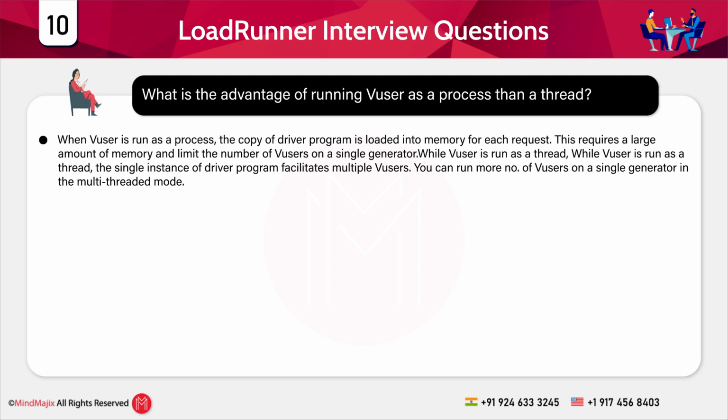So the machine in which the load generator is installed is going to use disk space for storing it temporarily. Read and write operations will happen, and everything will indirectly impact the performance of your load generator also. When your load generator performance is impacted, whatever capacity it is capable of delivering, it may not be able to deliver. That is the reason why, instead of a process, we choose a thread.